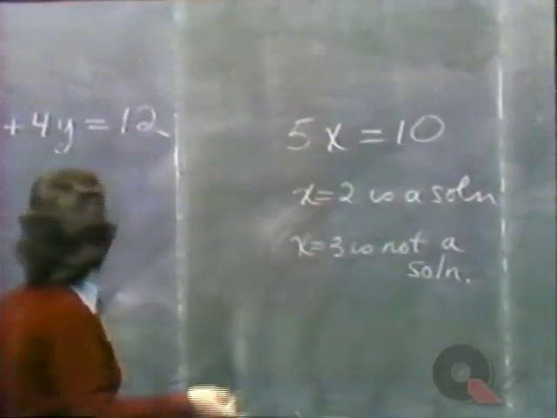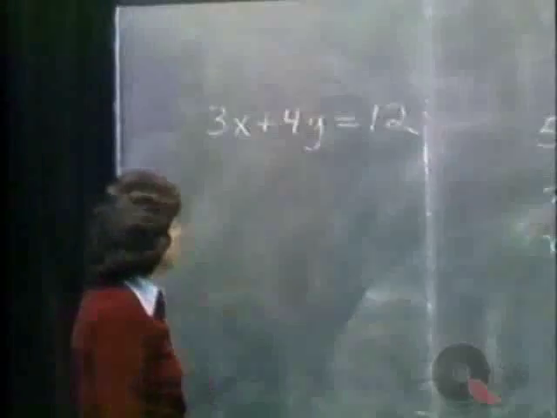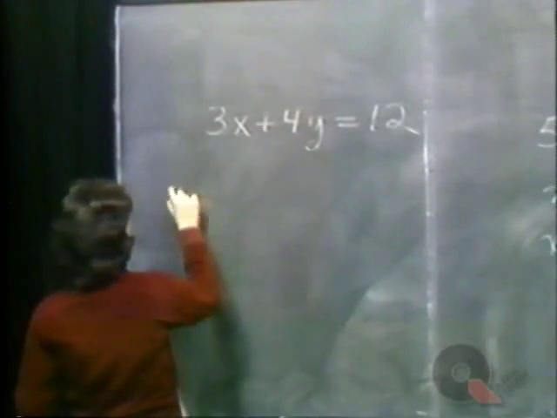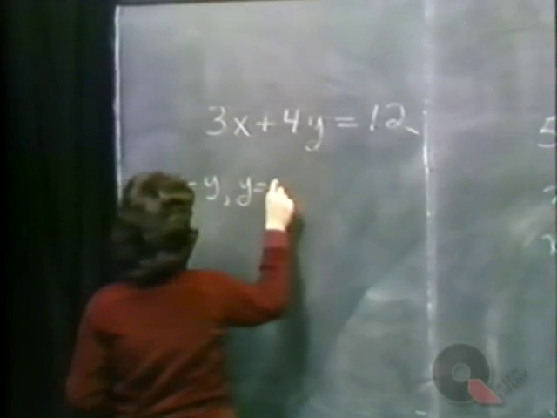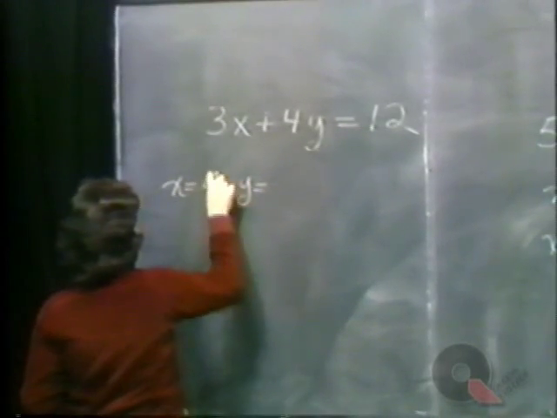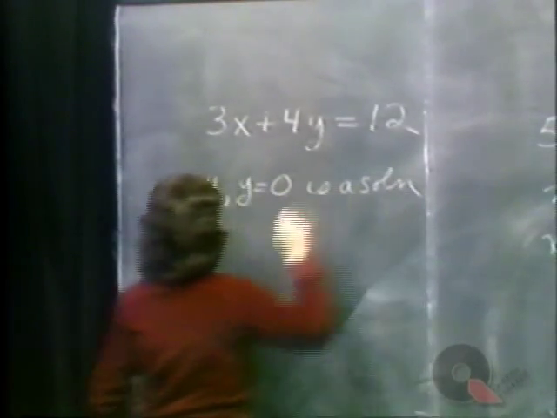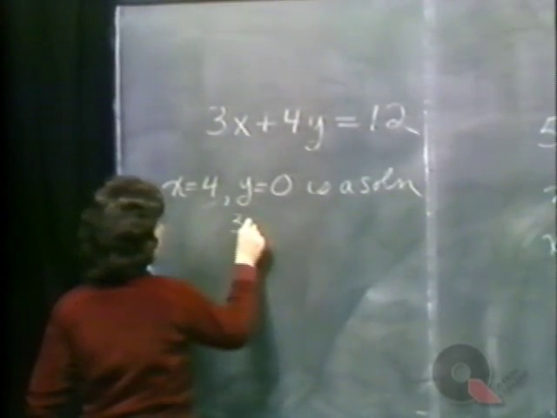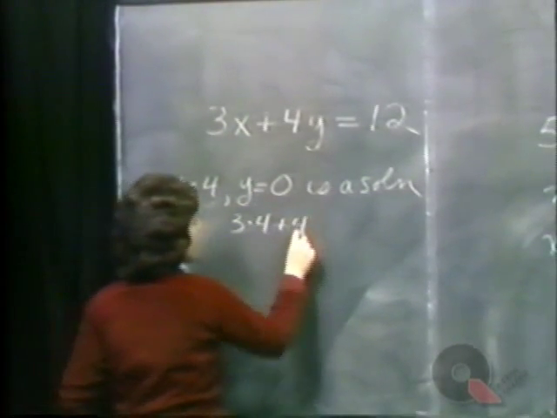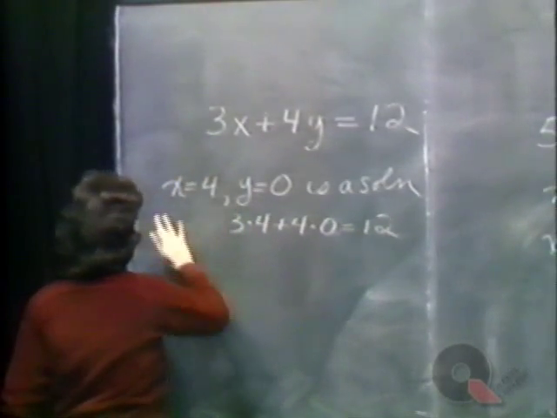Now we're going to use the same idea over here. The only difference is that a solution will be a pair of numbers, one for x, one for y, which when we substitute into the equation, turn it into a true statement. For example, x equals 4 and y equals 0 is a solution for this equation, because 3 times 4 plus 4 times 0 is equal to 12.